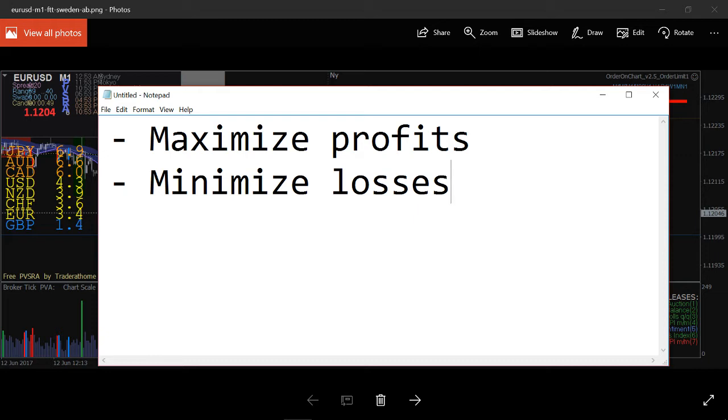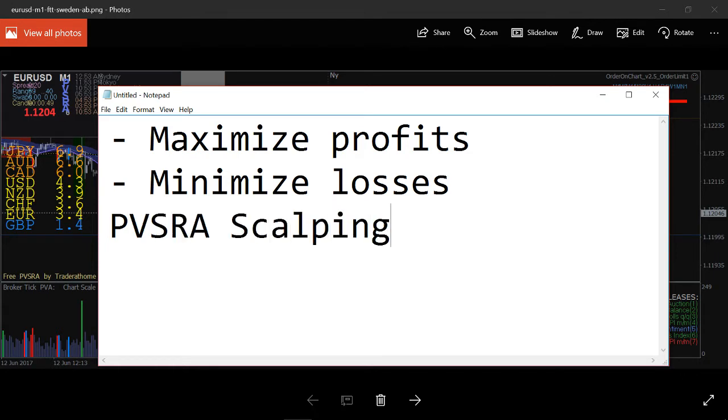And how do you do that? For this particular style of trading, the PVSRA scalping, we do scalps and we target 5 pips. This is the TP, and today I'm not going to talk much about the TP.